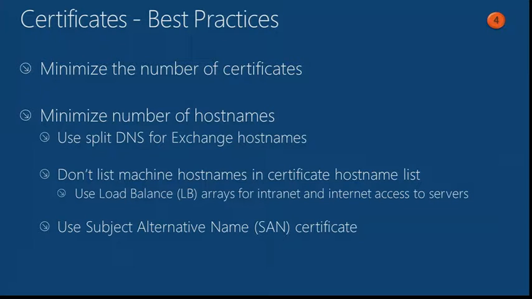Minimize the number of host names, because each and every name that goes on a certificate costs money. And this already is going to be a slightly more expensive certificate because you're probably going to be using a subject alternative name certificate so that you can support multiple names, like your primary namespace, the auto-discover namespace, and so forth, the legacy namespace if you need it. So keep that in mind. We always want you to minimize the number.